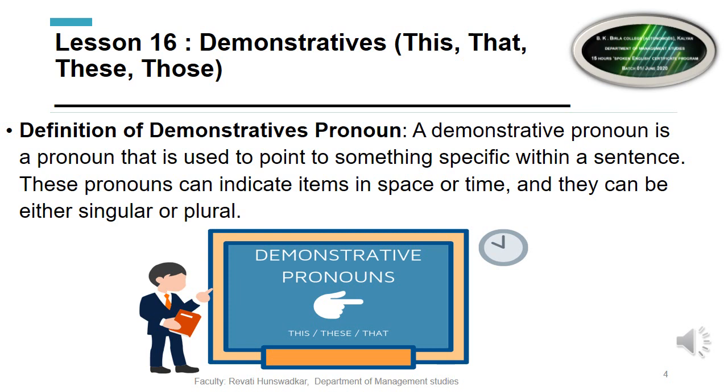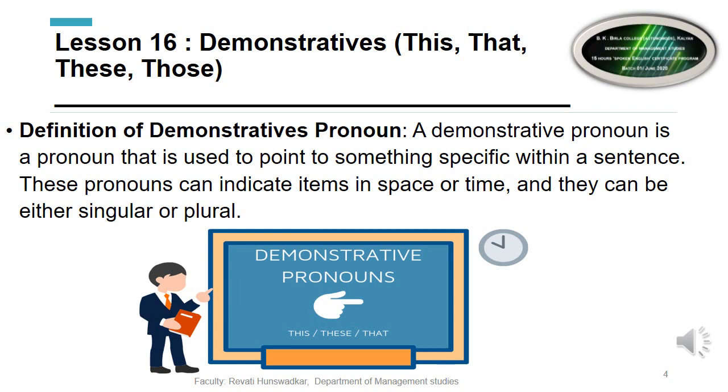Let us see. Before going to the grammatical part, let us see the use of demonstrative pronoun in practical life. For example, that is my house. This is the pen. Those people are my relatives. These are my books.